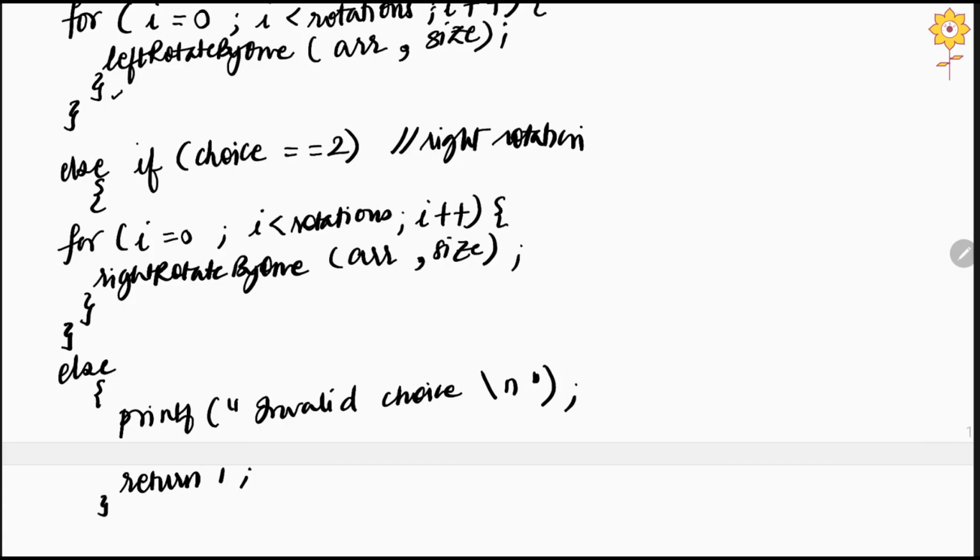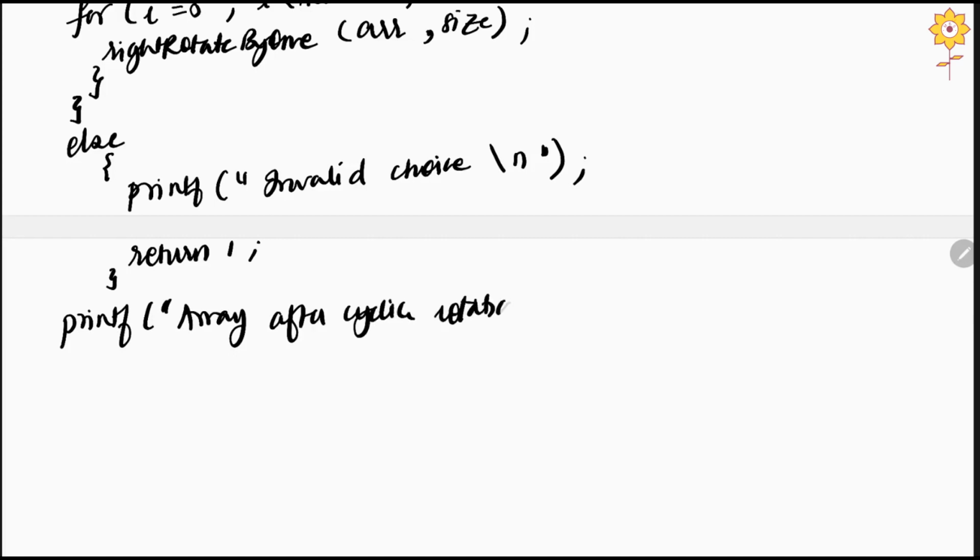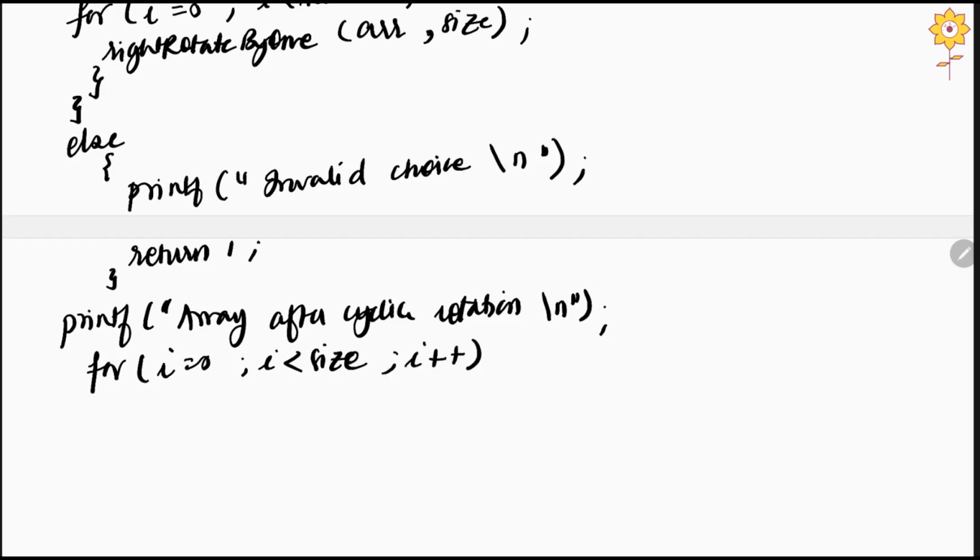So, here we have written our cases, then we will display our result. For that we will use a printf statement. We will write array after cyclic rotation is, again we can use the same for loop, i is equal to 0, i should be less than size, or you can directly write 5, okay, and i plus plus. Then open your for loop with an open curly brace.